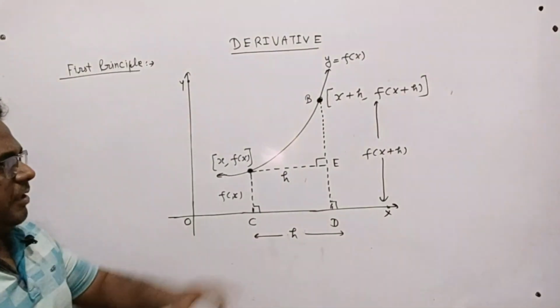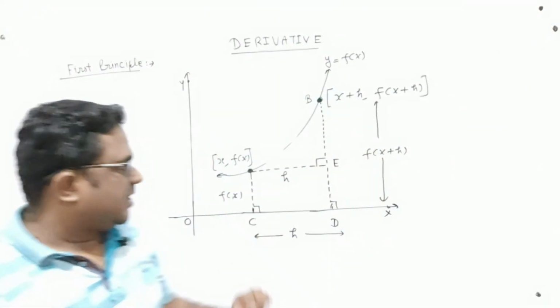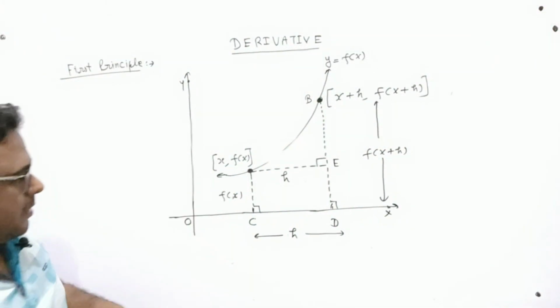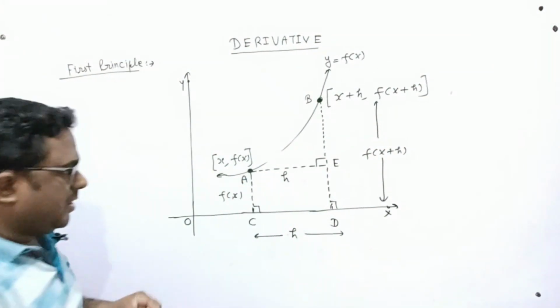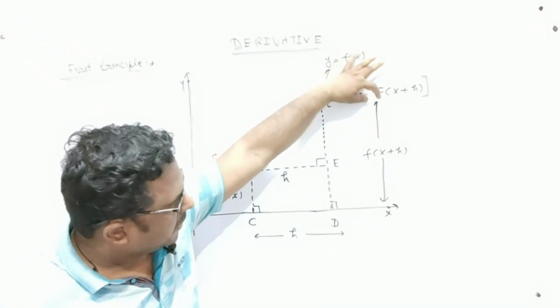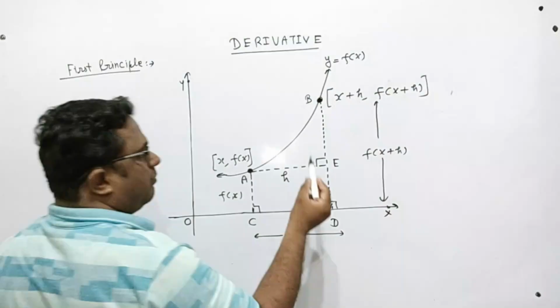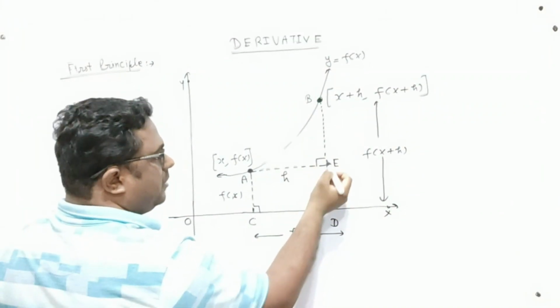So if this total height BD is f(x plus h) and this height AC is f(x), and if I subtract them, then what will be left? The height BE will be left.